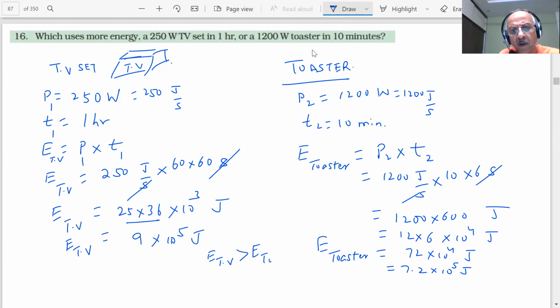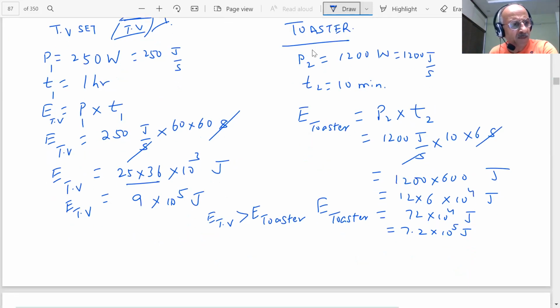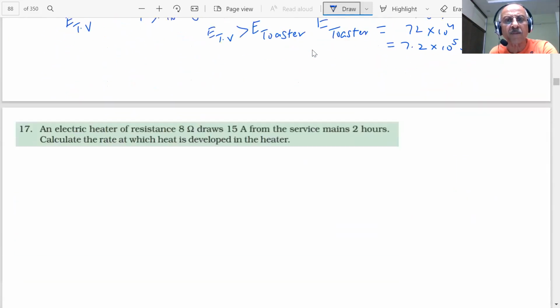So TV. Okay. Television is using more because it is being used for 1 hour. You can see the time. We are using it for 1 hour, you are using the toaster only for 10 minutes. Such questions could be asked in the paper, student. Numericals are important and will be asked in the paper.